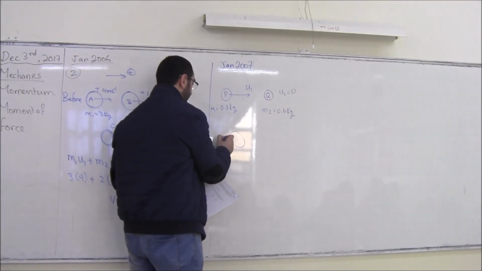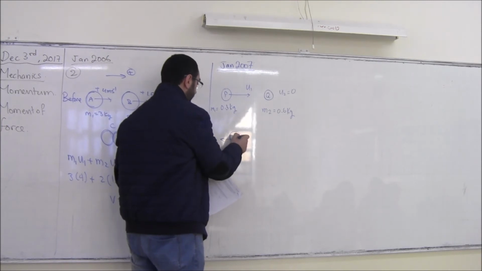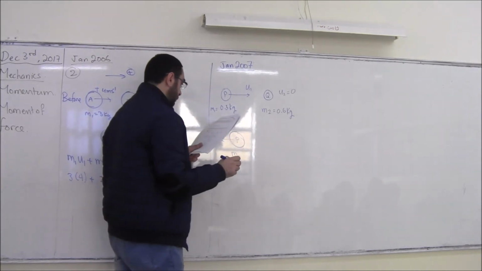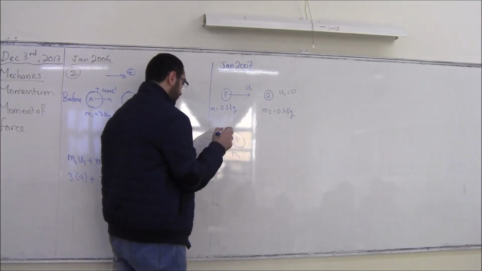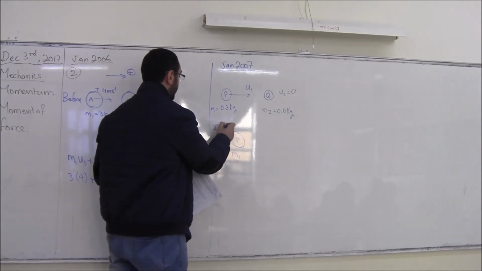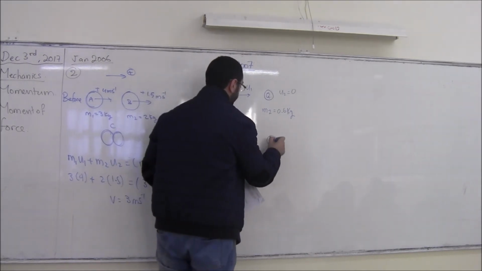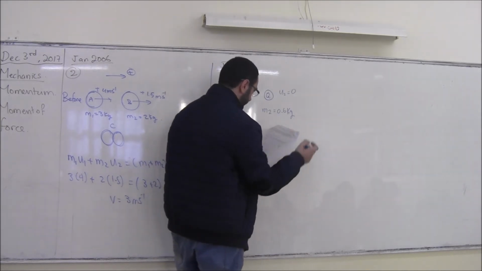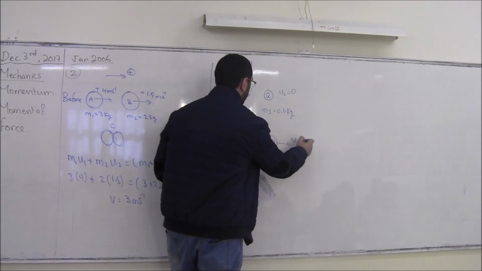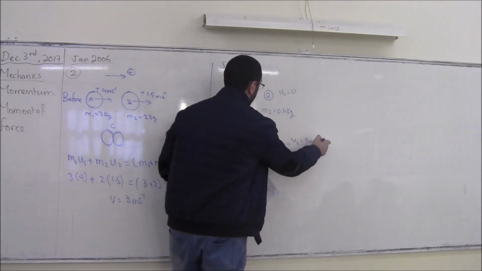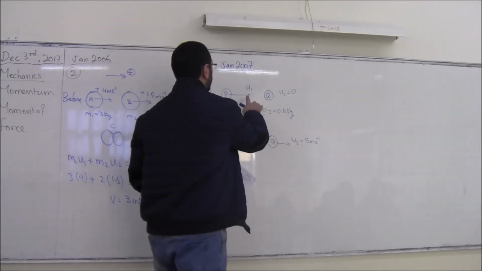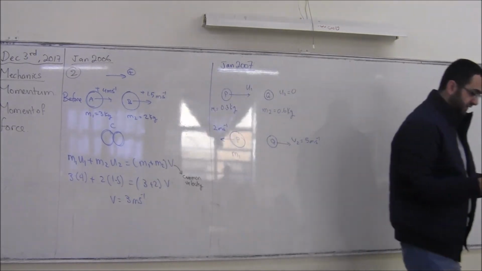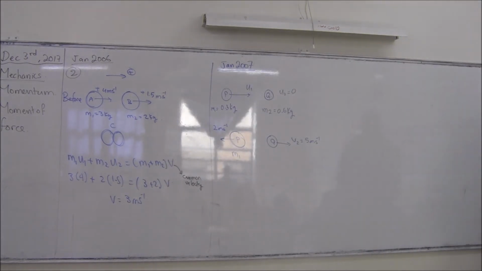So this particle is now moving in the opposite direction with speed 2 meters per second, and Q is moving with speed 5 after the collision. This is before, this is after. We need the value of U and the impulse, yes?